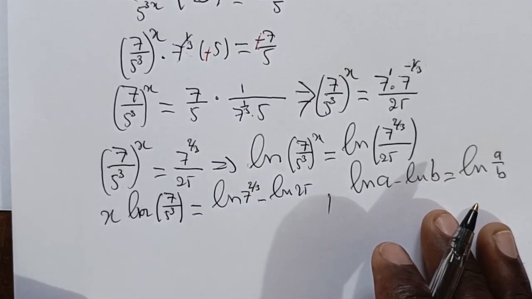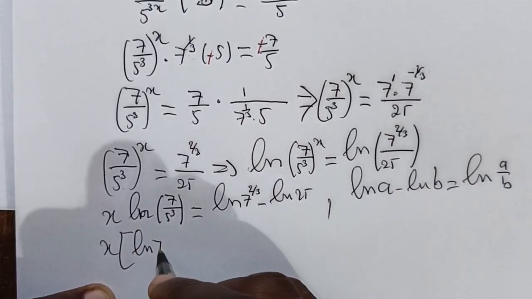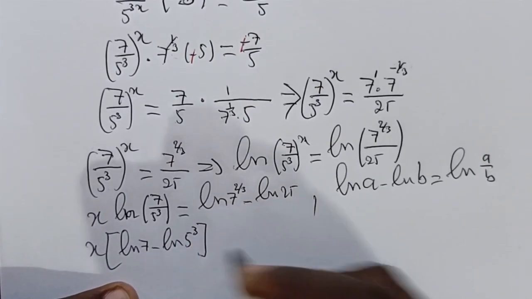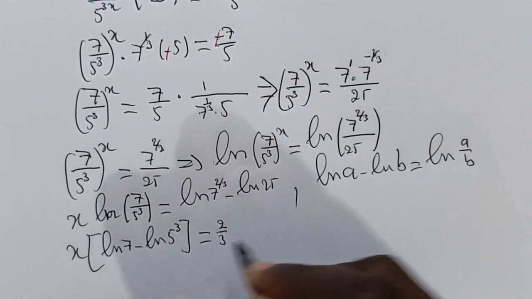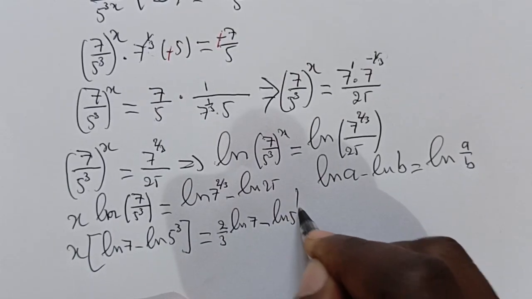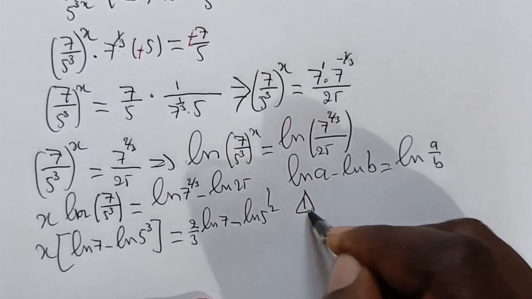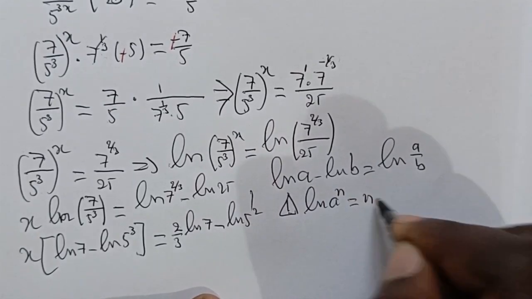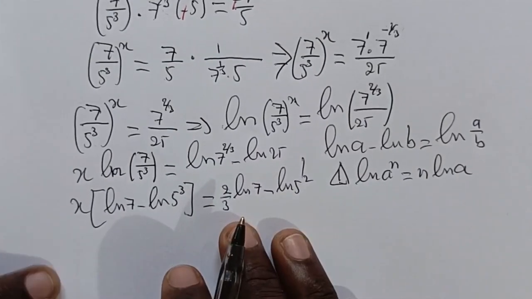Now, here x into the natural log of 7 minus the natural log of 5 raised to 3. This is equal to 2 over 3 times the natural log of 7 minus the natural log of 5 raised to 2. Remember that the natural log of a to the power of n, this is n times the natural log of a. Okay.